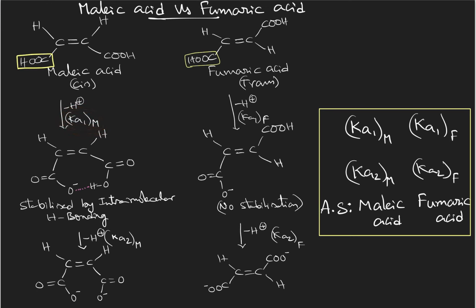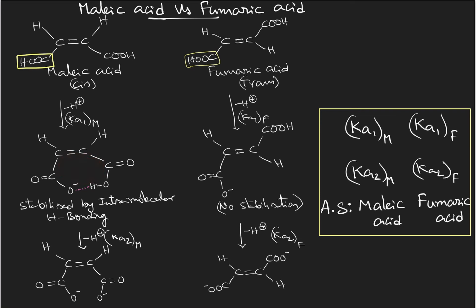After release of the first H plus ion, the COO minus will form a hydrogen bond with the H plus ion of the second COOH group. That means there will be intramolecular hydrogen bonding happening. A ring formation is happening.